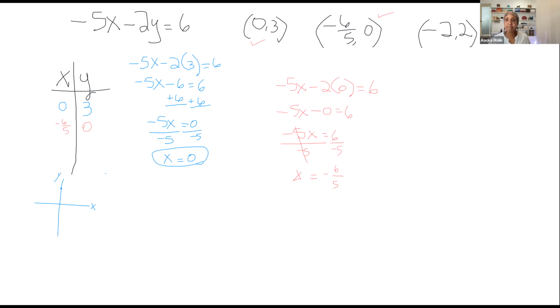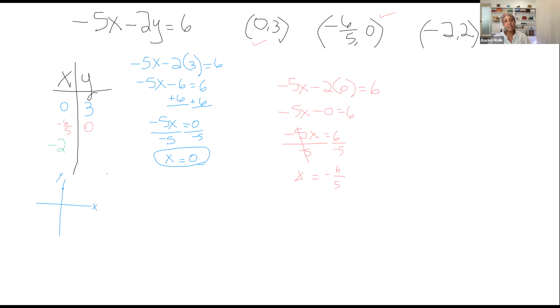This time we plug in negative 2 for x. I have minus 5 times minus 2 minus 2y equals 6.